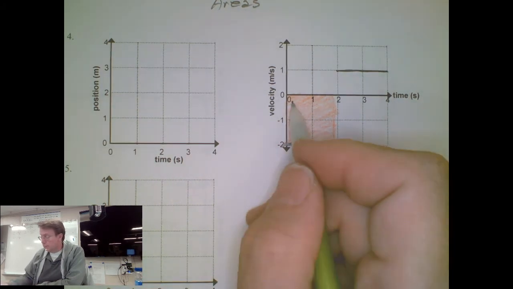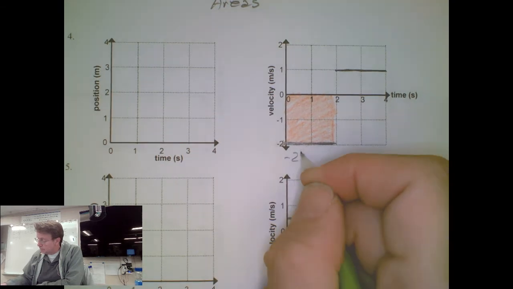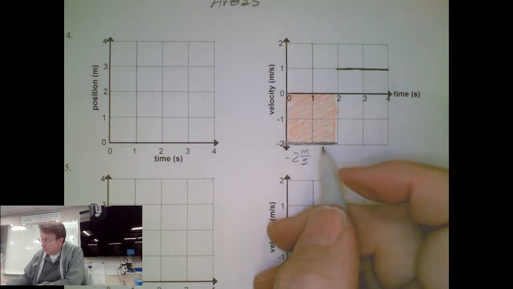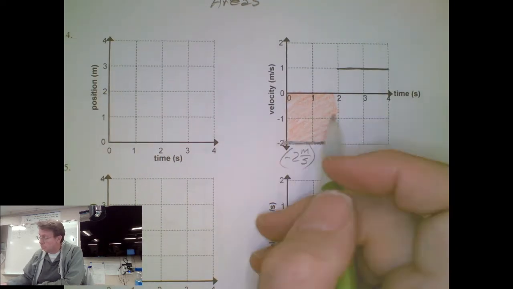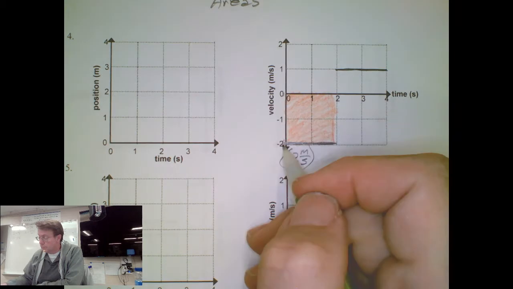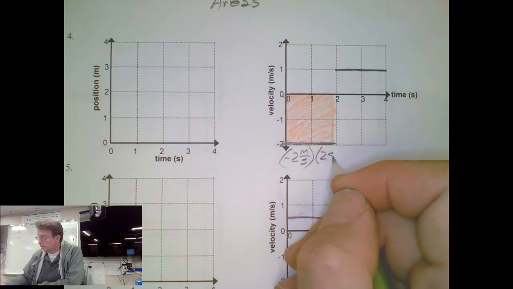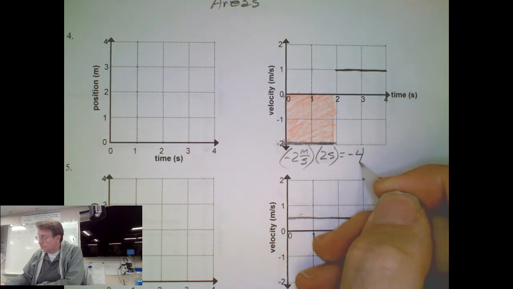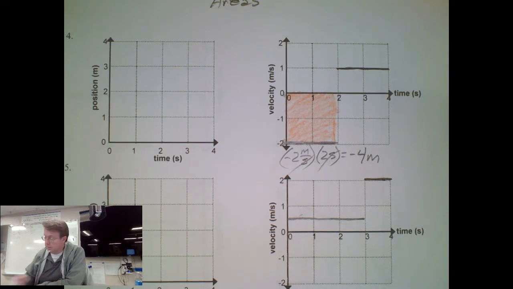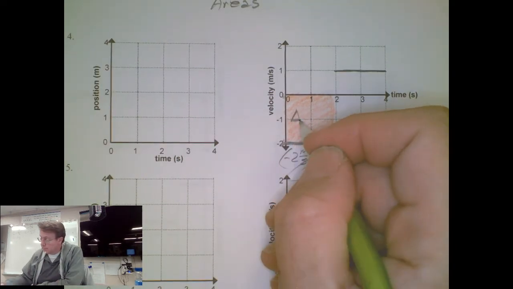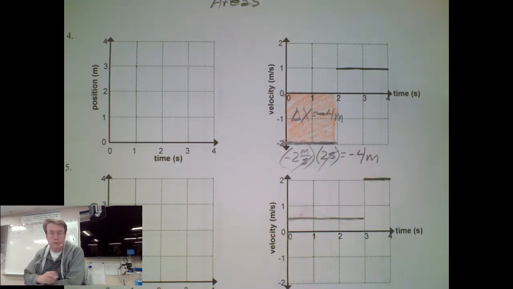The area of this would be a -2 measured in meters per second times a height, oh, I'm sorry, that was my height, -2 meters per second times my width of 2 seconds is -4, where the seconds cancel and I get just meters. So this is a displacement of -4 measured in meters.